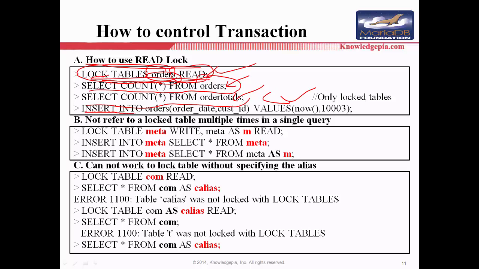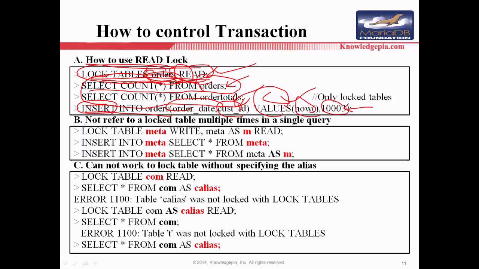Also, insert into orders, the order date and customer ID are the names of the columns, values now function, and 10003 as a customer ID. Also, this command will fail because insert belongs to write, not read.